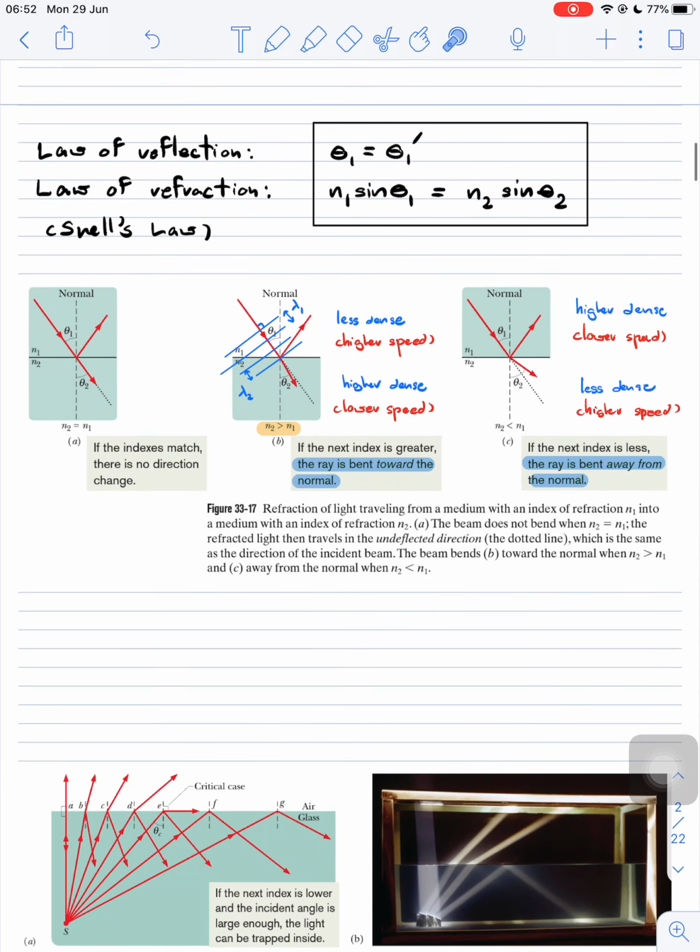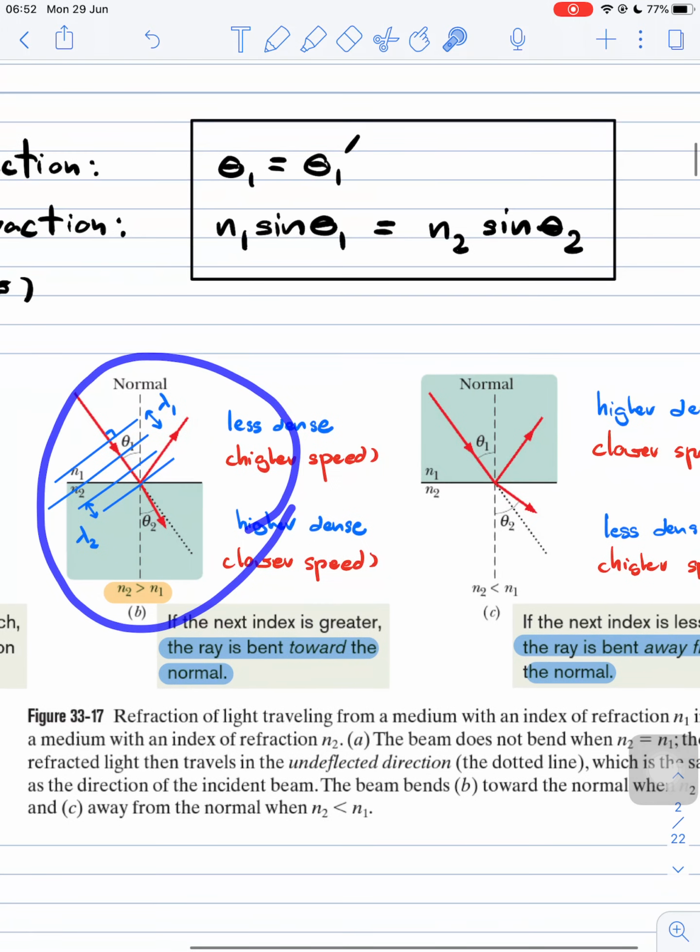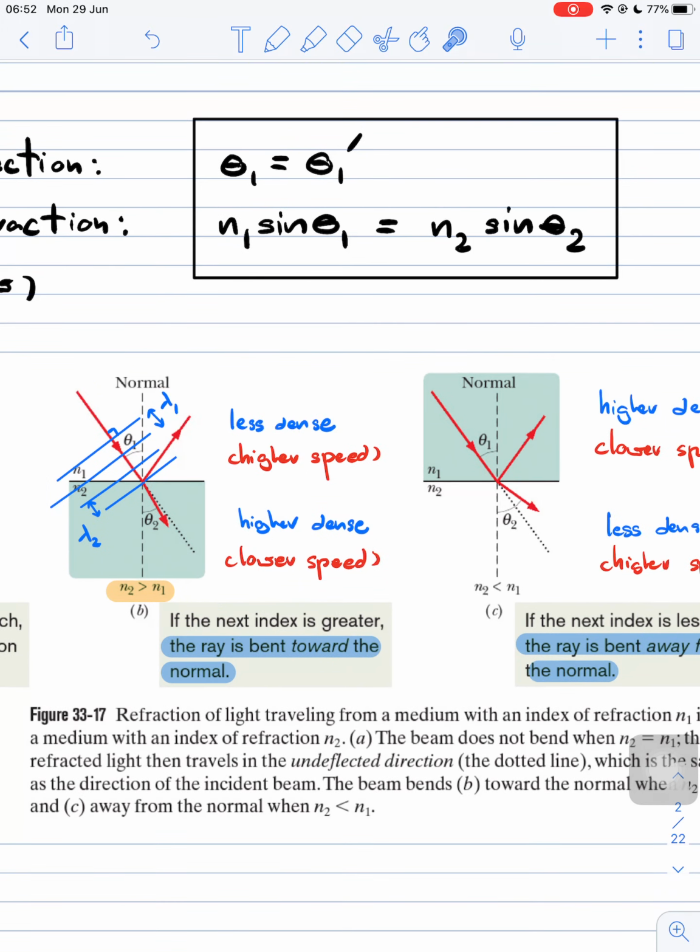Actually, this can be seen from this equation as well. Let's consider this case. If n1 is small and n2 is large, it means that theta 1 must be greater than theta 2. That's why in this picture theta 1 is greater than theta 2.